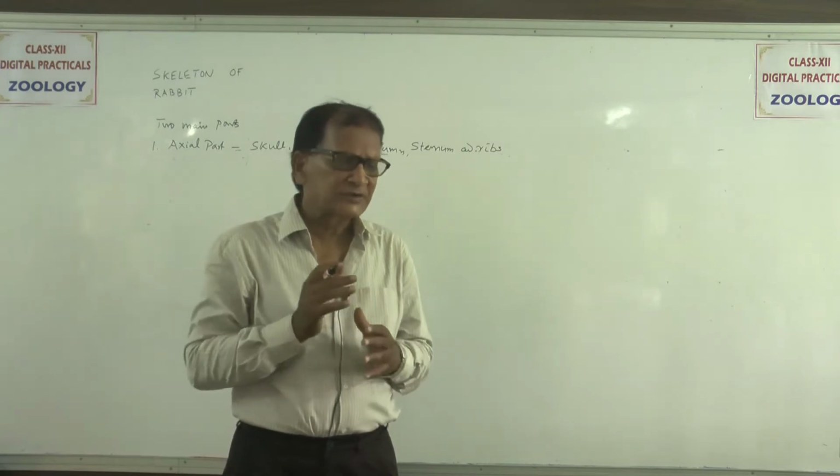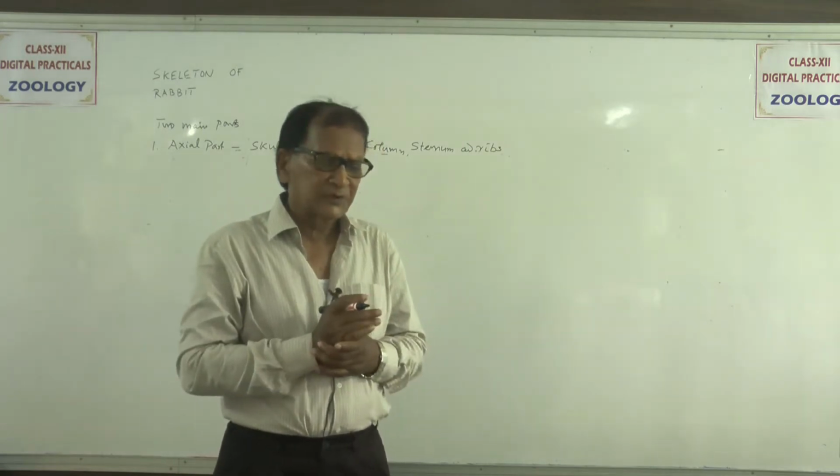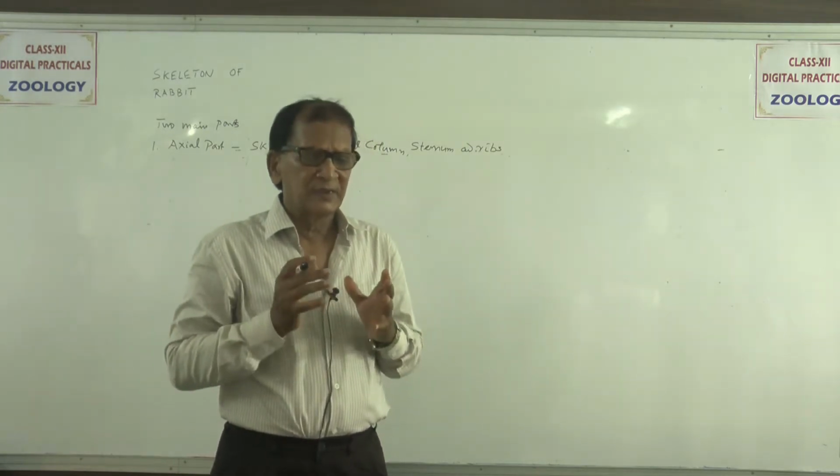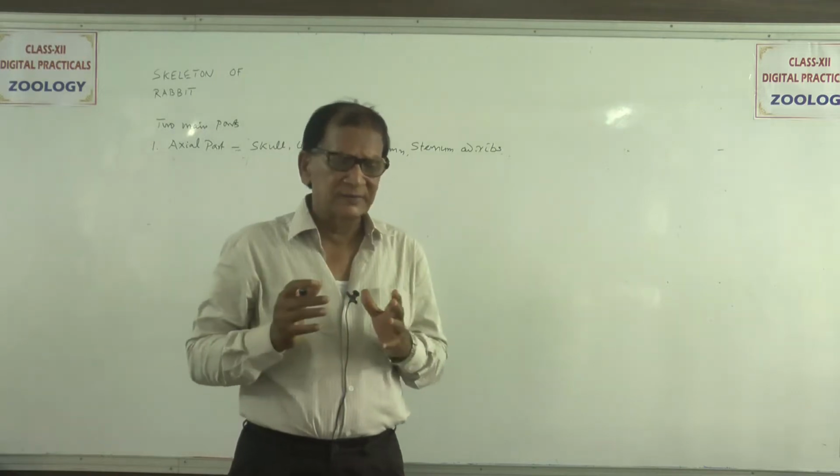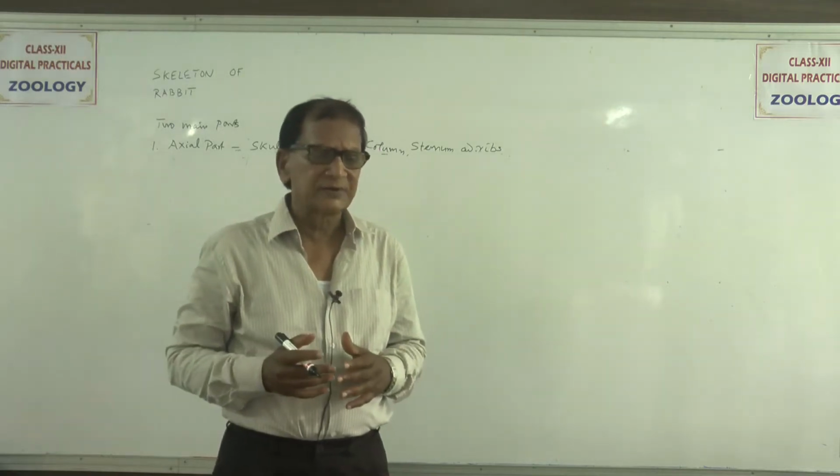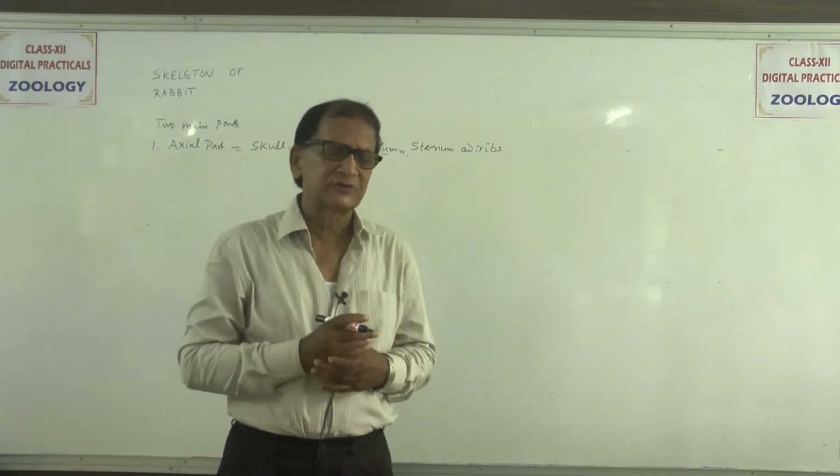Now this thoracic cage protects the lungs and the heart that are located inside the thoracic cavity.